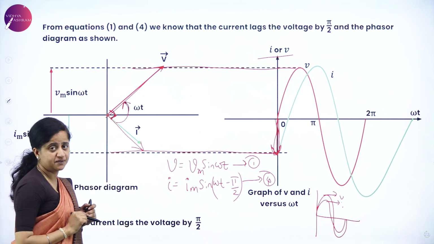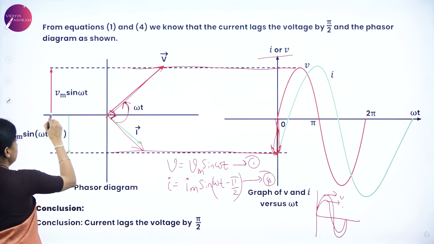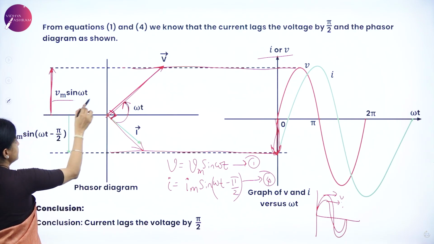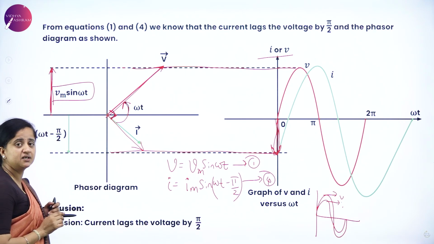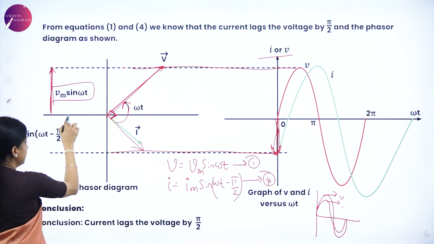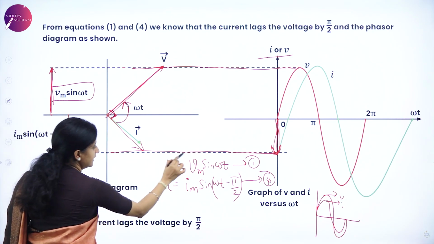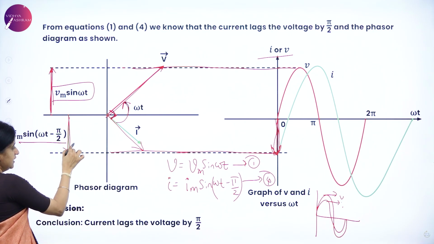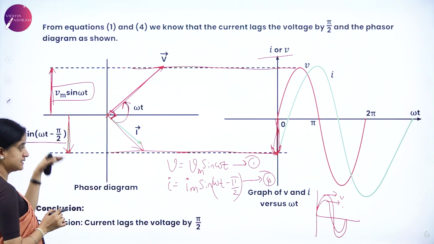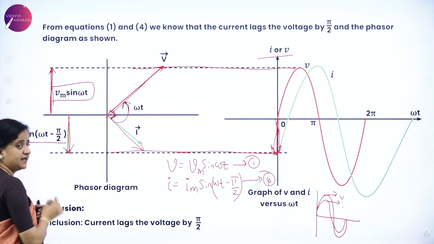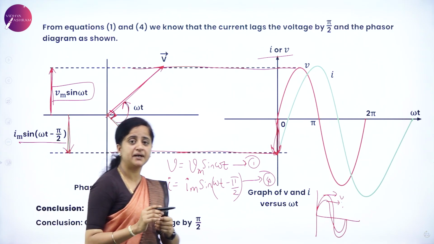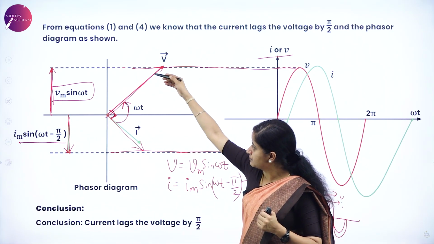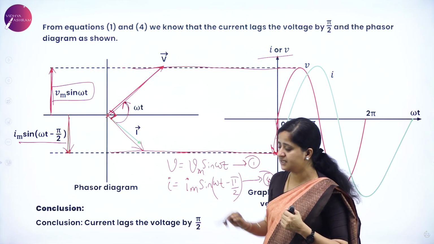The projection to the vertical axis gives the instantaneous value of voltage, represented by the expression Vm sin omega t. Similarly, since we have the peak for current in this direction, we have to represent the vector along the vertical y-axis downwards, and it is Im sin omega t minus pi by 2. Since there is a phase difference of 90 degree, we can observe the two vectors in opposite directions.